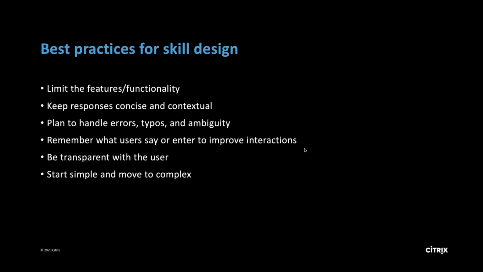Tolerate typos and ambiguity. So that's the reason why we have developed a spell check service and many follow-up models which help us to understand what the intent of our users is. Remember what users say or enter to improve interactions. It's very important to keep context of the conversation.